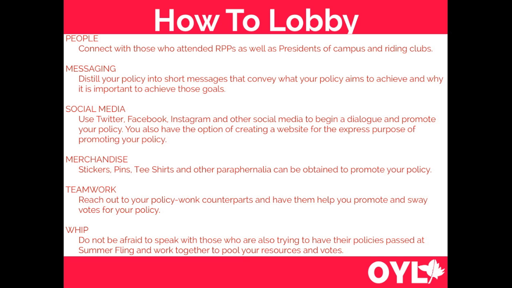Of course, you also always have the option of creating a website for the express purpose of promoting your policy and perhaps providing any additional supplementary information that will go a long way toward convincing people that this is the policy to back at Summer Fling.